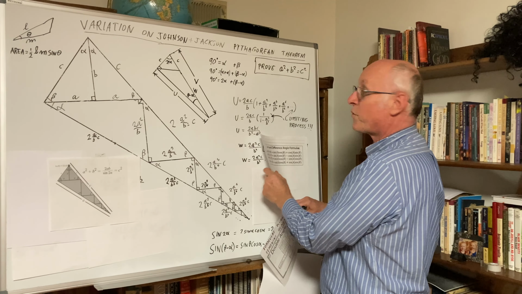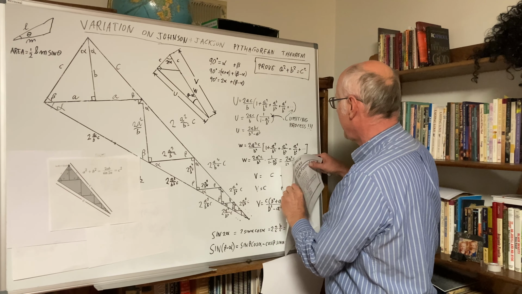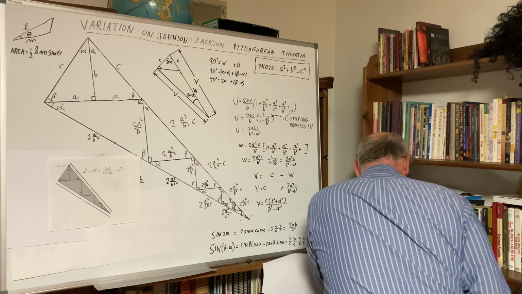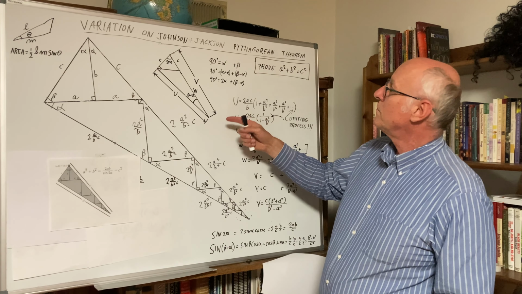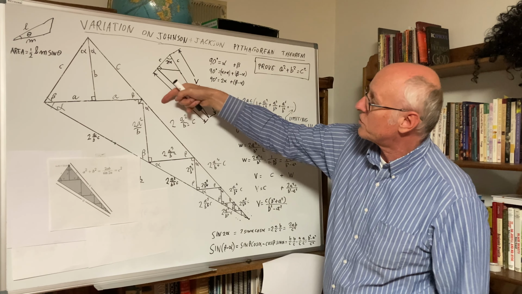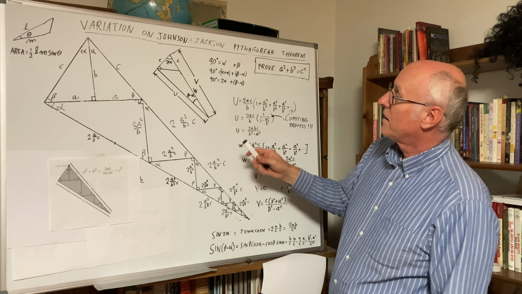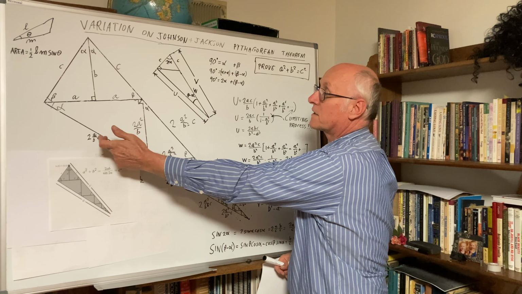We're still doing some preliminary work. And so what do we have to do? We have to prove u is equal to this 2ac over b, which you factor out. U is this part here, so you've got 2ac over b.